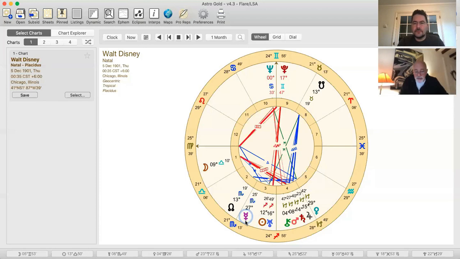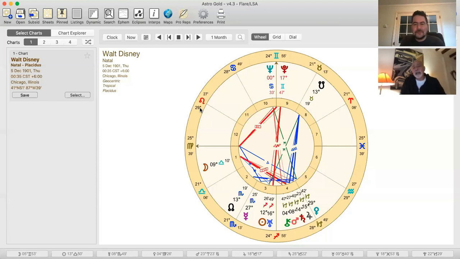And his midheaven, I'm sorry, his ascendant, interestingly, becomes 29 of Leo. 29 of Leo, emphasizing not only does the 12th house cusp become the first, taking all of that imagination and now expressing it, bringing it to the fore, but also Leo children, Leo royalty, and how he became such a king.